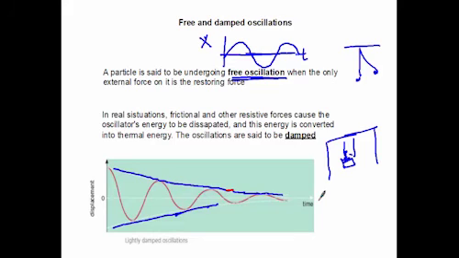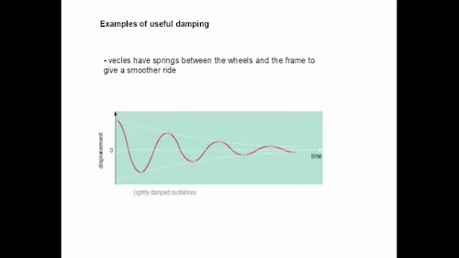Now, damping can be useful. Like if we want to get rid of vibration, for example, in vehicles they have springs between the wheels and the frame to give a smoother ride for us.